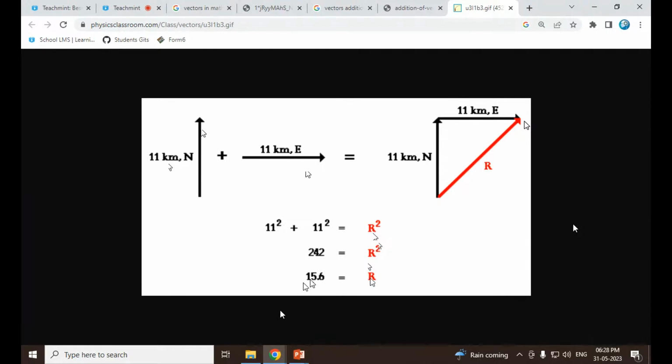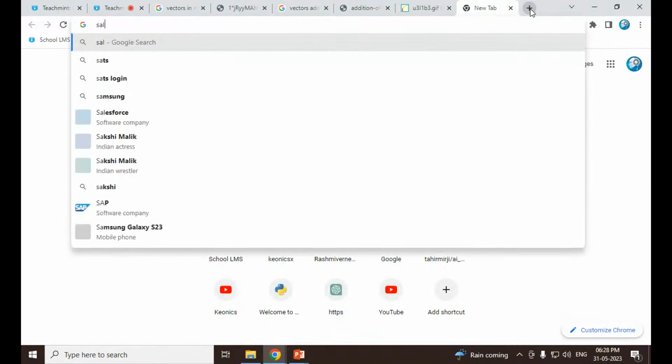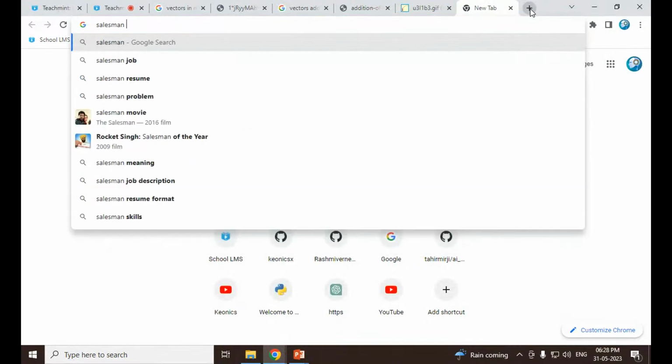I think we will see an example with this. If you understand this, we can go with this one. Yes, vector. Because the displacement is 0 everywhere.